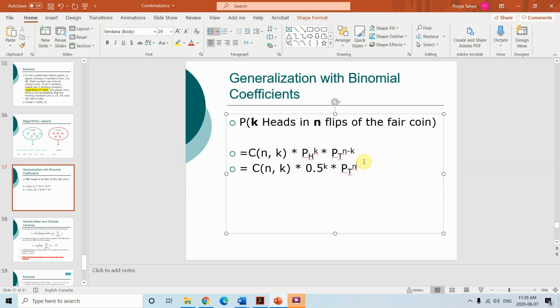That should be n minus k. Okay, and then you see that this would be simplified. It's just going to be C of n, k. If the P of A and P of B are the same, this becomes basically 0.5 raised to power n.